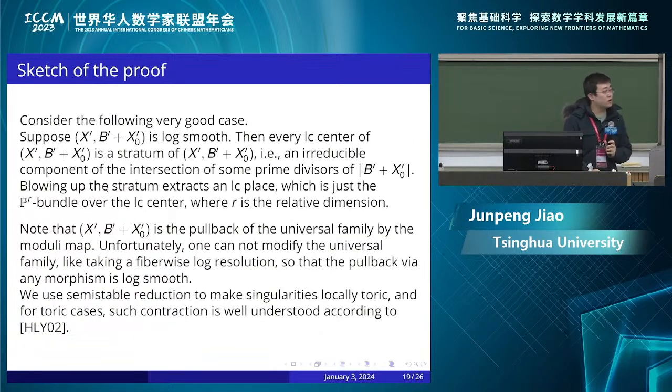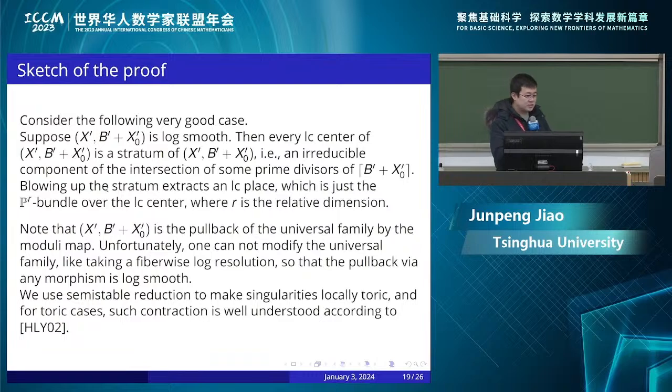Now we consider the following very good case. Suppose (X', B' plus X_0') is log smooth. Then every LC center of this is a stratum of (X', B' plus X_0'). A stratum is an irreducible component of an intersection of prime divisors of B' plus X_0'. Because it is a smooth case, the stratum is also smooth.